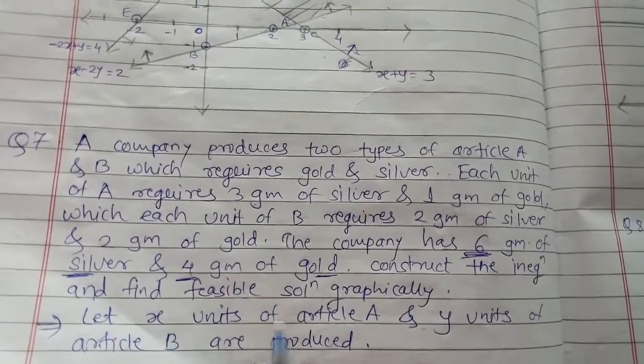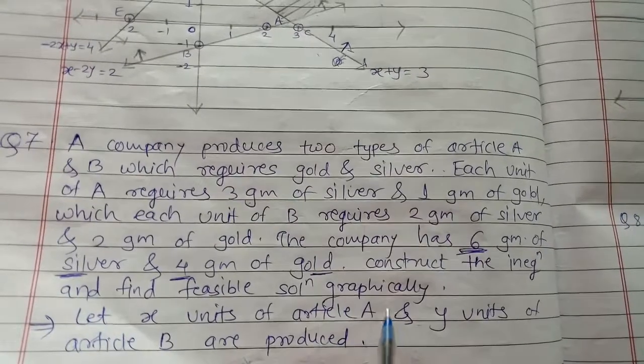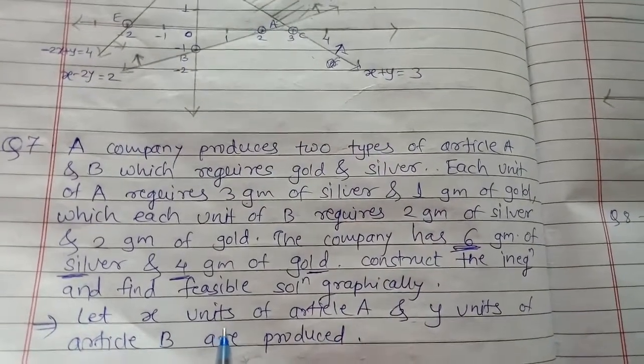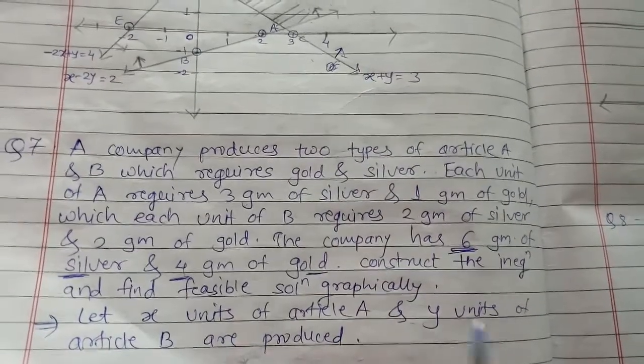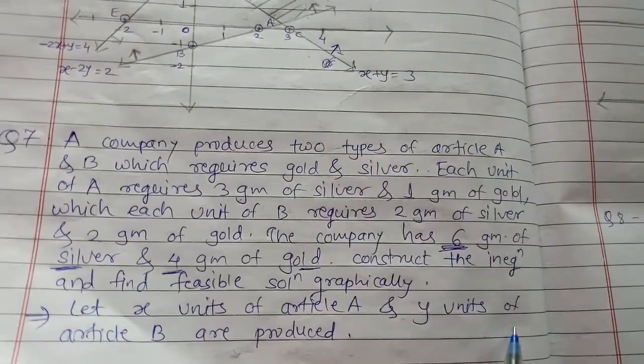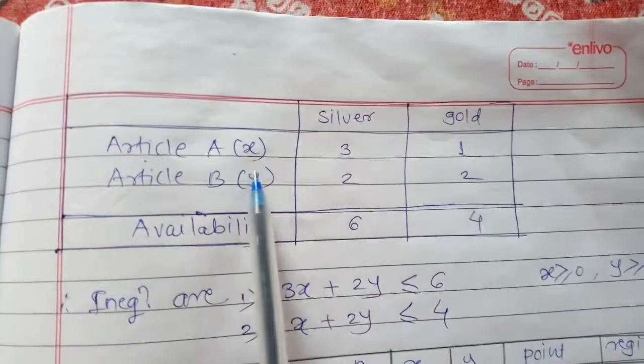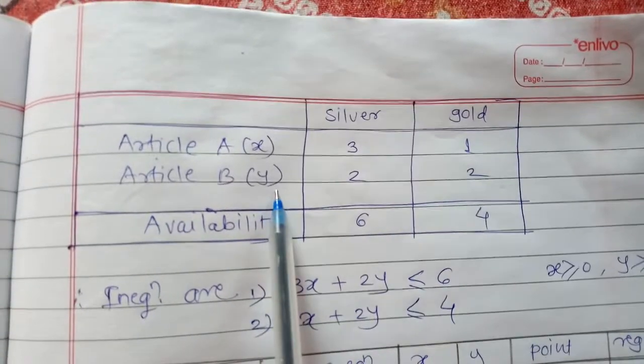So we consider that article A consists of x units and article B of y units. For that we have to draw a table. Article A having x units and article B having y units.